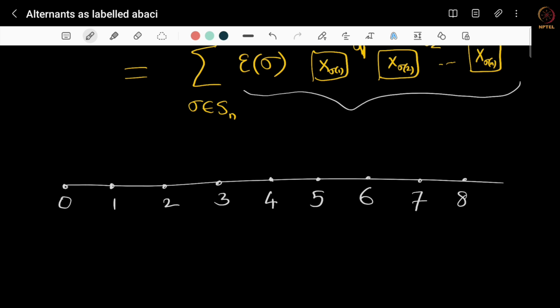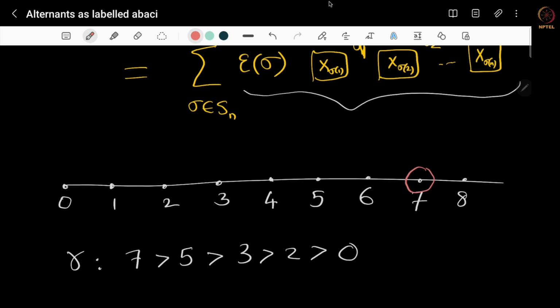Okay, so let's do that next. We'll place the beads in the positions gamma 1, gamma 2, gamma n.